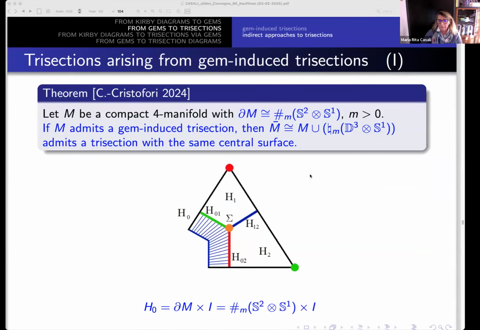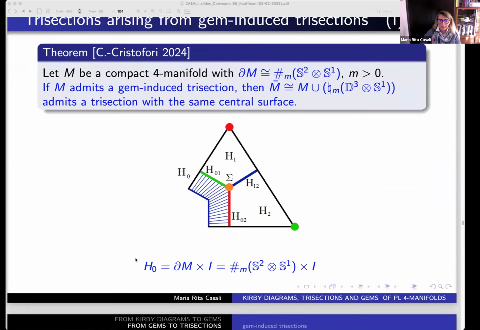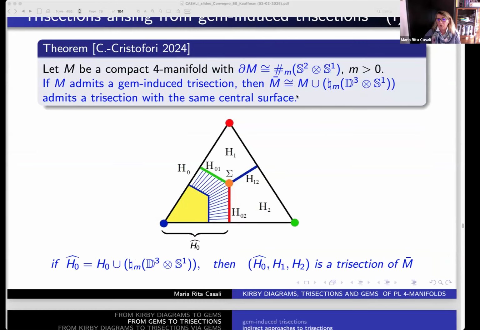In fact, if this boundary is a connected sphere bundle over S1, it is not difficult to prove that any gem-induced trisection naturally gives rise to a trisection of the associated closed four-manifold, that is the closed four-manifold obtained by gluing a four-dimensional handlebody along the boundary, which is uniquely determined by virtue of the Laudenbach-Poénaru result we have already quoted.